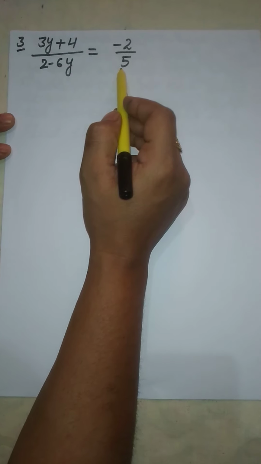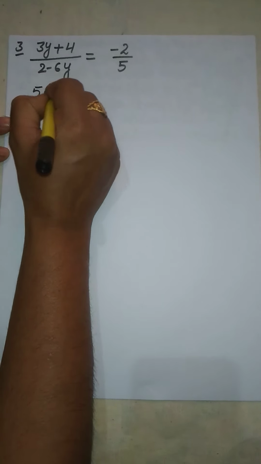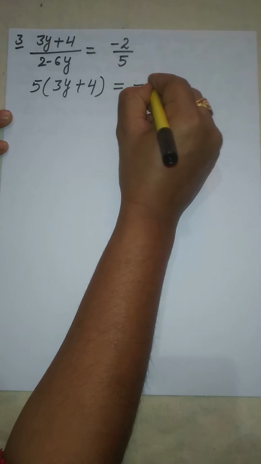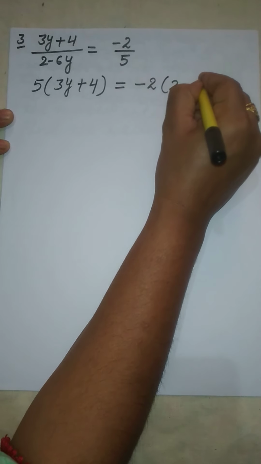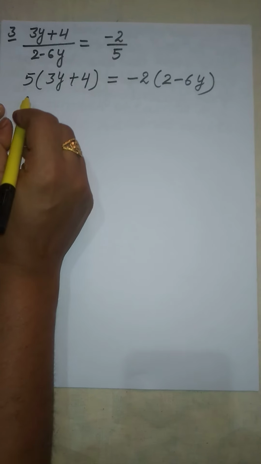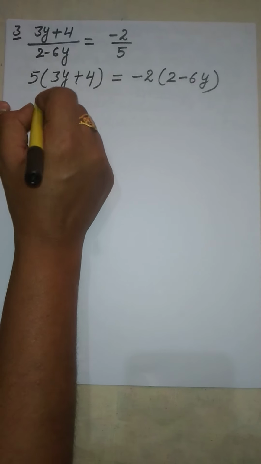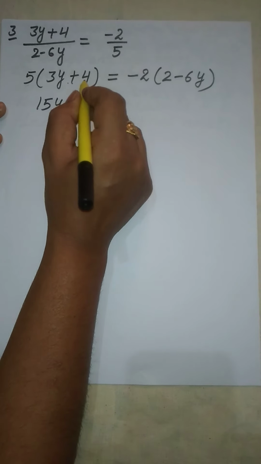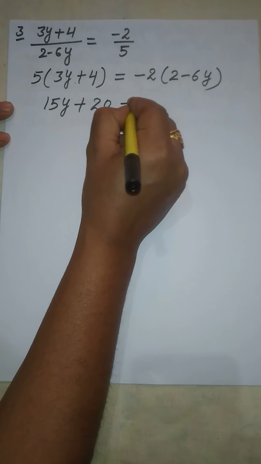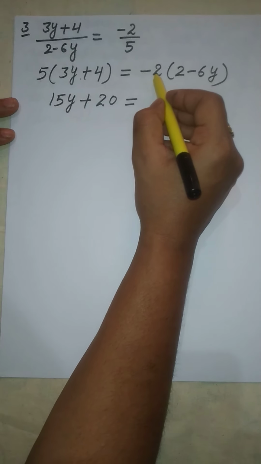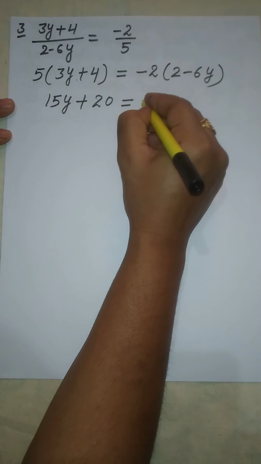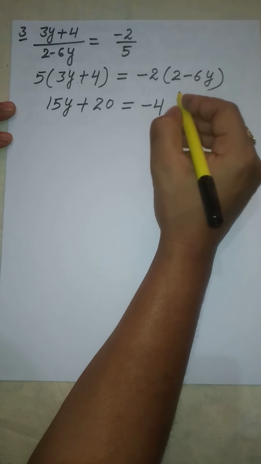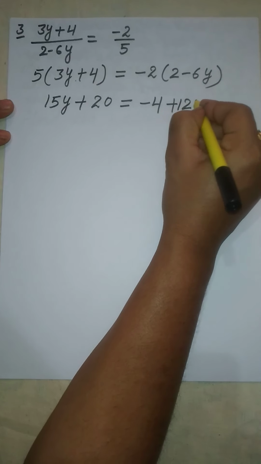Again cross multiply the terms, that is 5 into (3y plus 4) is equal to minus 2 multiplied by (2 minus 6y). 5 3s the 15y plus 5 4s the 20 is equal to minus 2 multiplied by plus 2 is minus 4. Minus 2 multiplied by minus 6y is plus 12y.